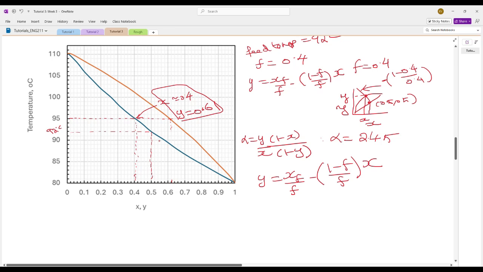So we can eliminate y or x by using this equation. So let's try to do that. So how do you do that? I'm going to rewrite this equation. So alpha x minus alpha xy equal to y minus xy. I'm going to take all the y on one side.